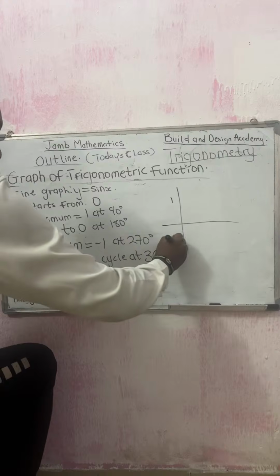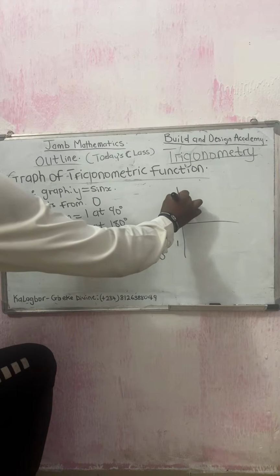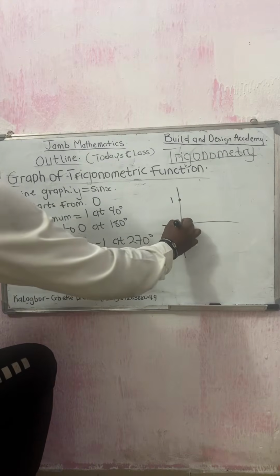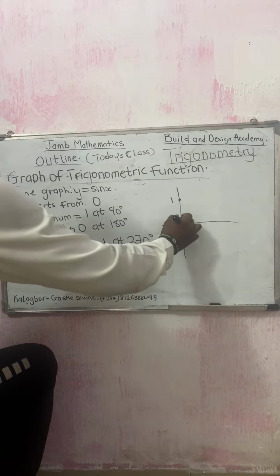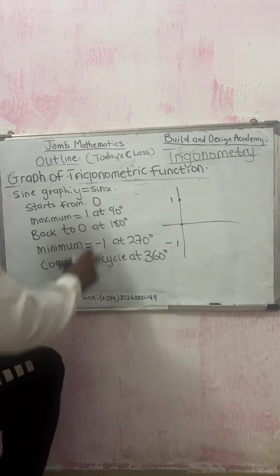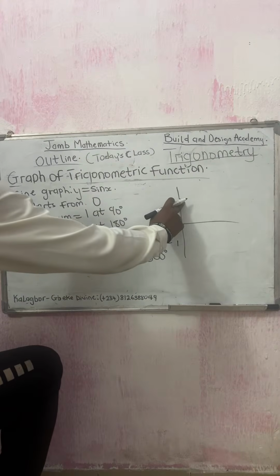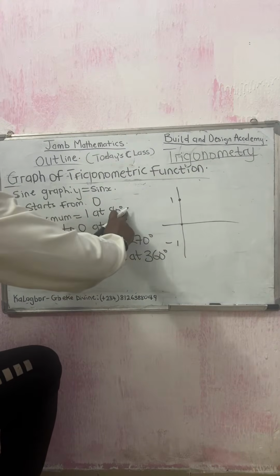We had 1, we had -1. It's starting from 0, this is 0 degrees. Then at the maximum of 1 we got 90 degrees.